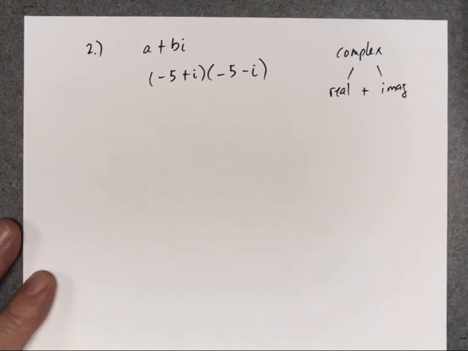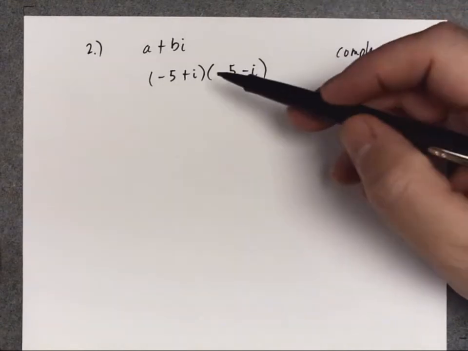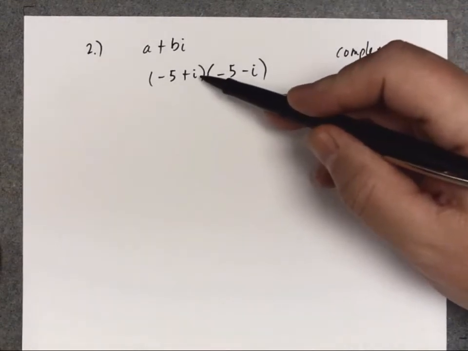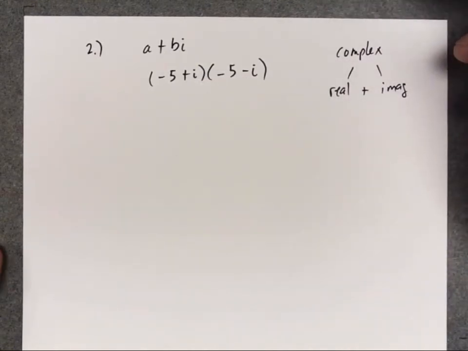Now, the way I like to teach complex numbers is to keep it pretty simple. I like to think of i, even though it's not a variable, it's not like an x or a y or an a, but in terms of the math, it's okay to sort of think of the i like a variable.